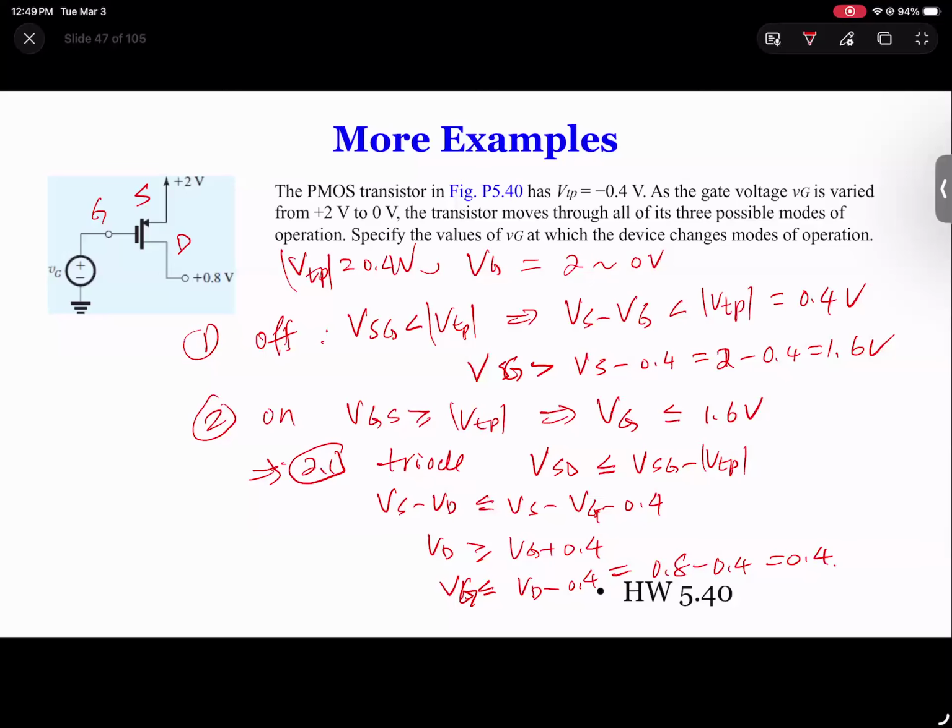So what it says is that if VG is less than 0.4, this is going to be in saturation, which is opposite, which means VG is going to be larger than 0.4 volts. It's going to be in triode. Of course, you know that if it's that side it's triode and the other side is saturation mode.